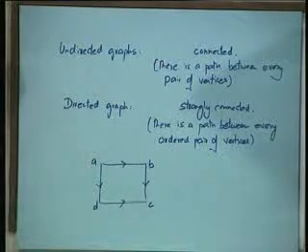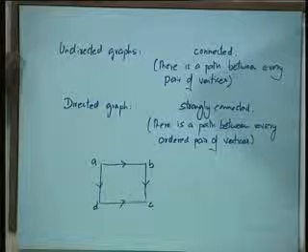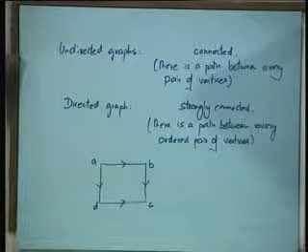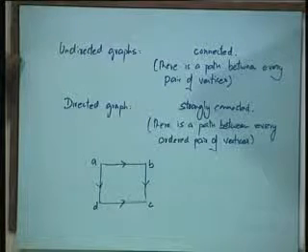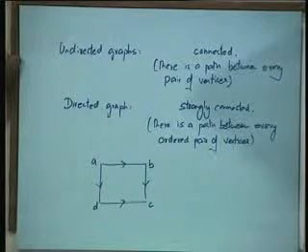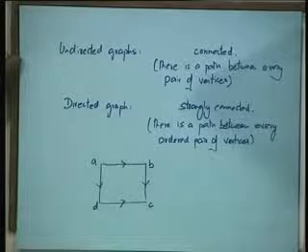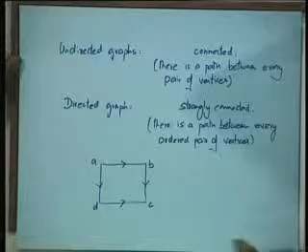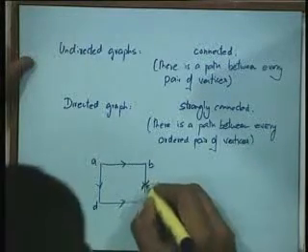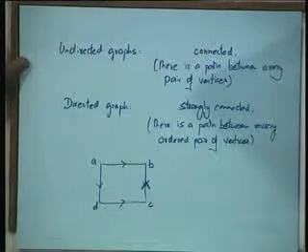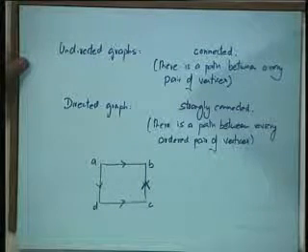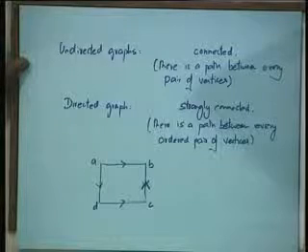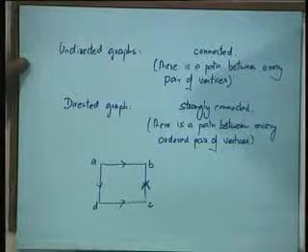There is a path between A and B, but there is no path from B to A. There is a path from B to C, but there is no path from C to B. There is a path from D to C, but there is no path from C to D. I made this graph a bit too bad. Okay, if we do this as well, it is still not strongly connected. There is a path from A to B, but from B to A there is no path. Still.